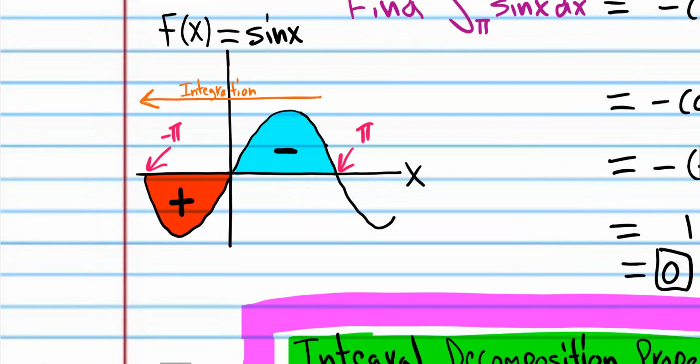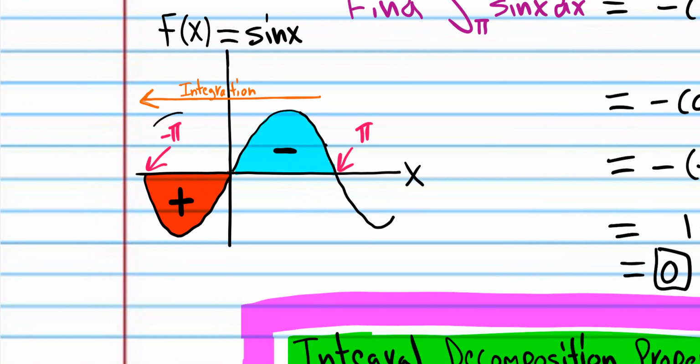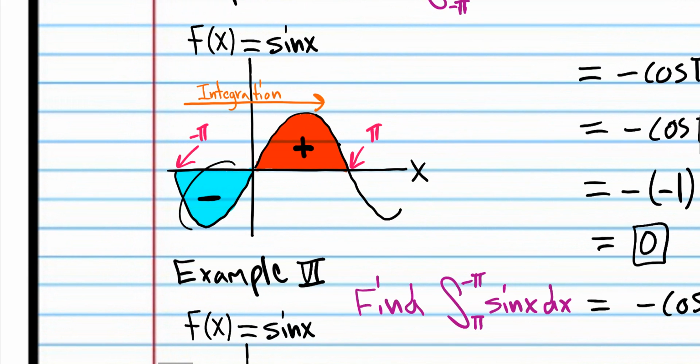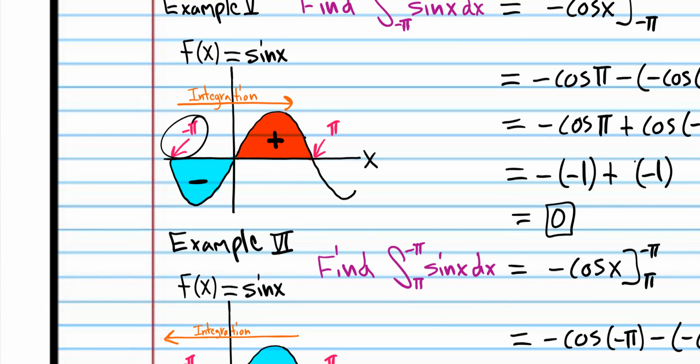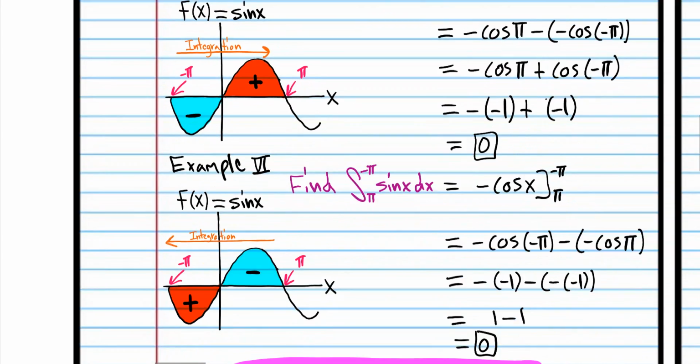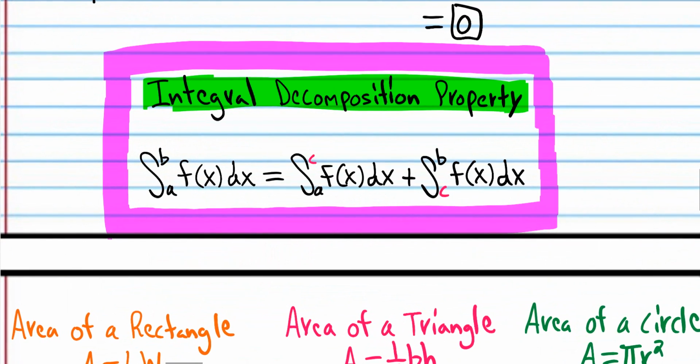Notice that if we integrate from negative pi to 0, we find this area here, which is negative. And if we integrate from 0 to pi, we find this area here. But if we integrate from negative pi to pi, that's the sum of those 2 integrals. So it demonstrates this property that you can break an integral into 2 integrals.